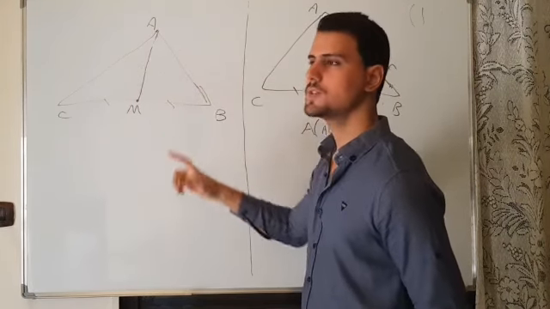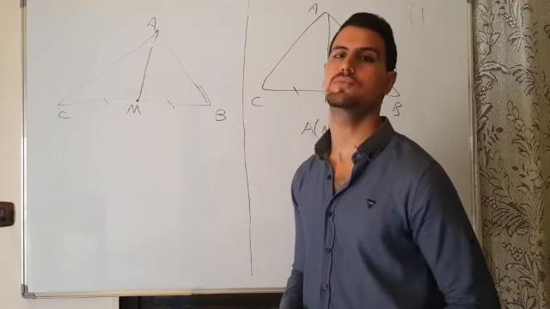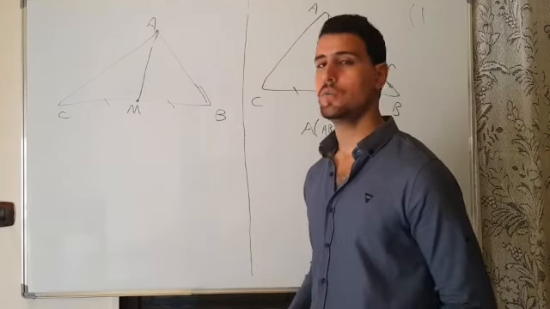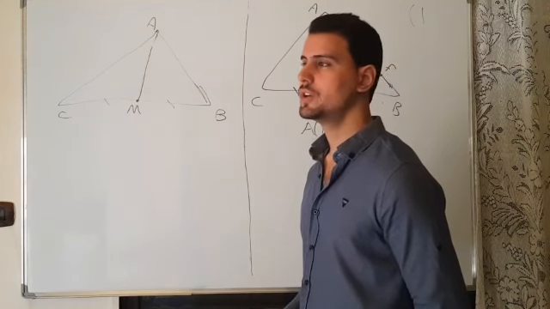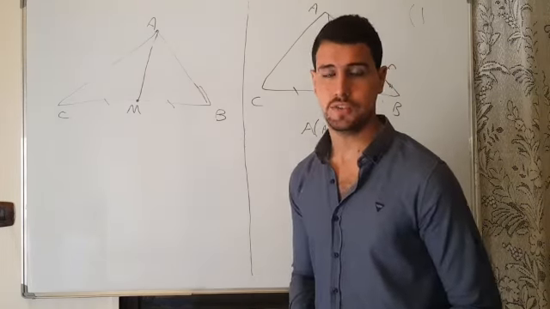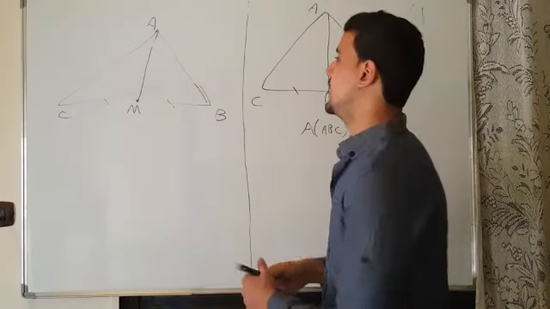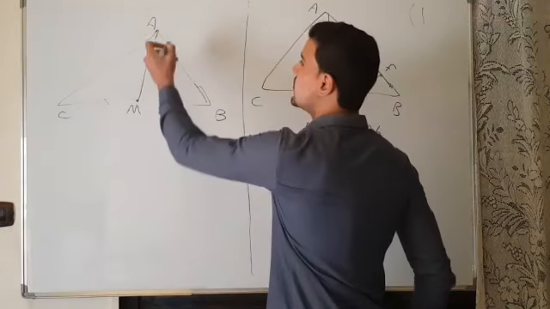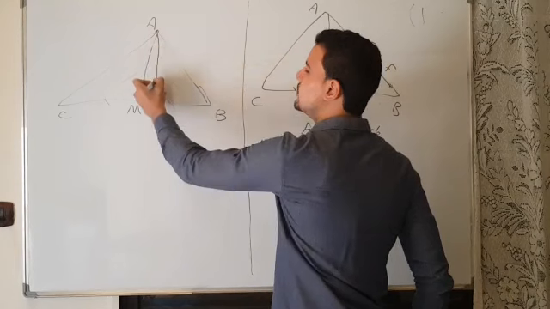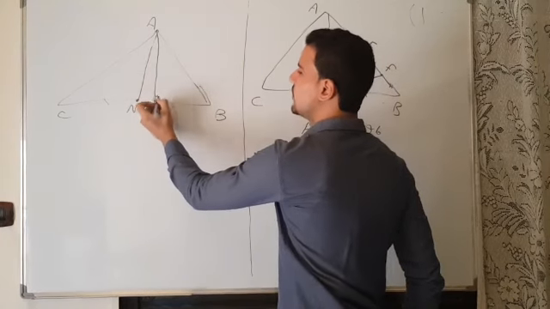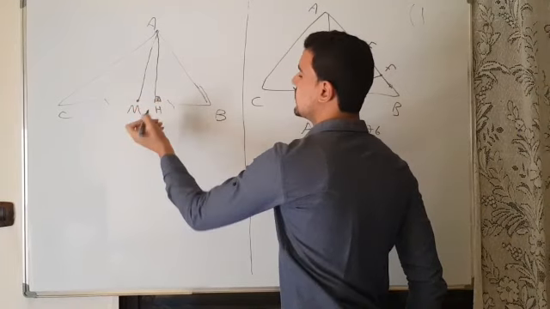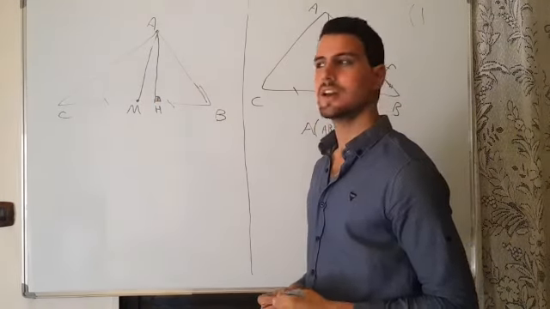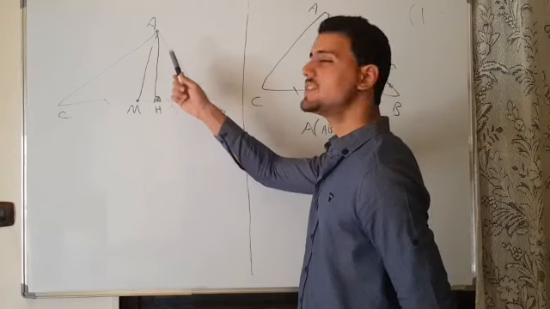Now to prove this, of course, we always need to prove little theories when we learn them because it will be more acceptable for your brain to use next time. The proof easily is: draw a perpendicular, a right angle over here, and let's call it H. Easy as that.